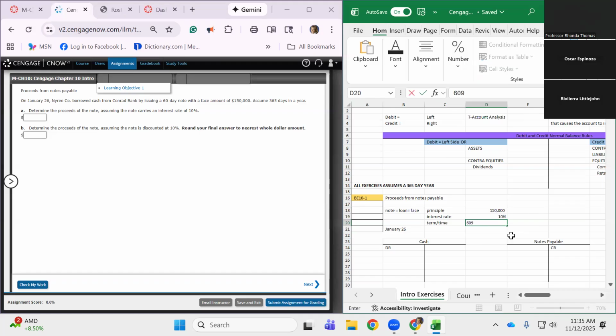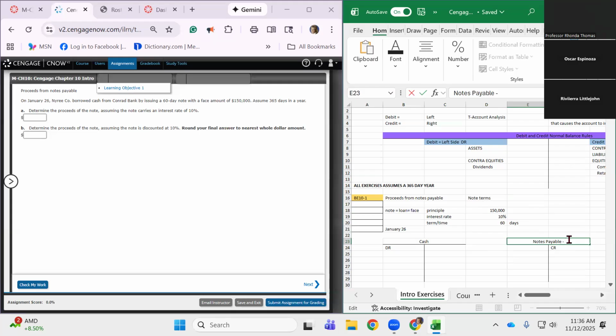We'll put 60 days right here. So there are the terms of our note. When I do problems, I always put those note terms above any notes payable that I'm going to be working on so that I don't forget that information.